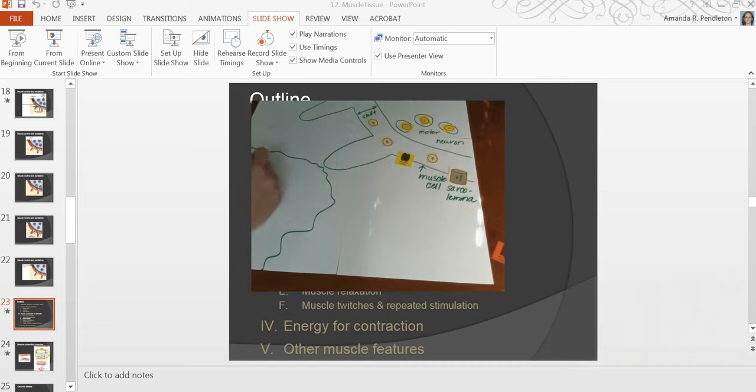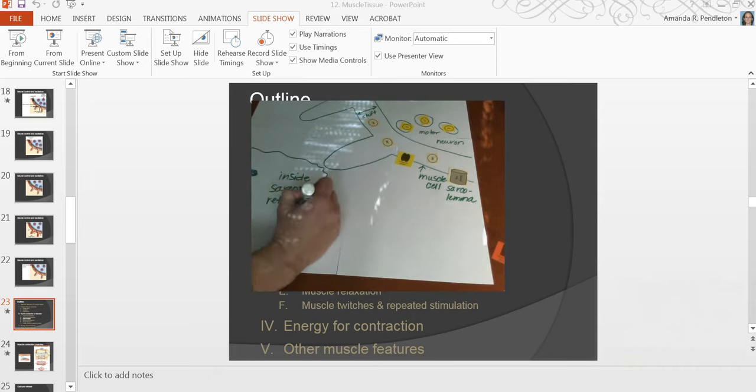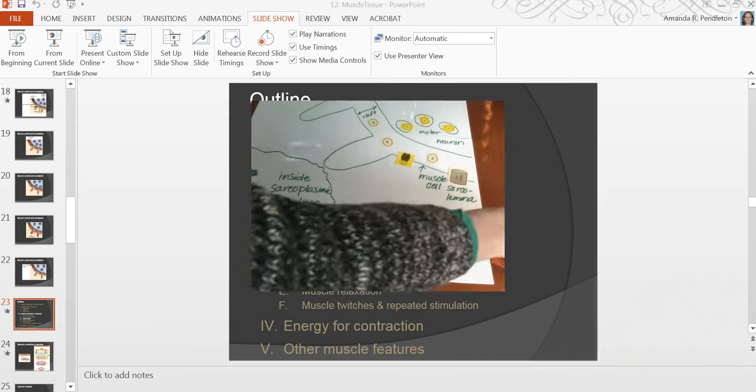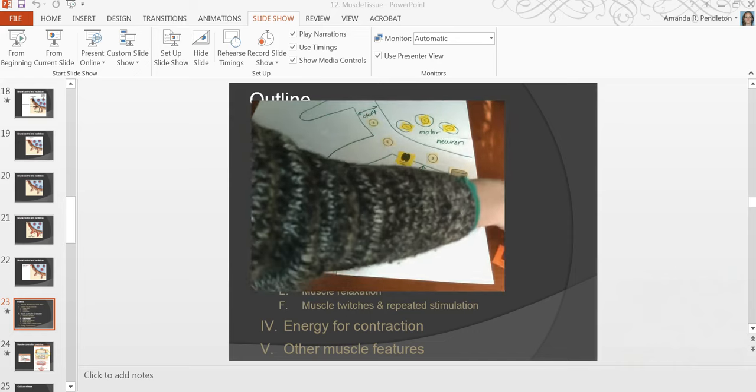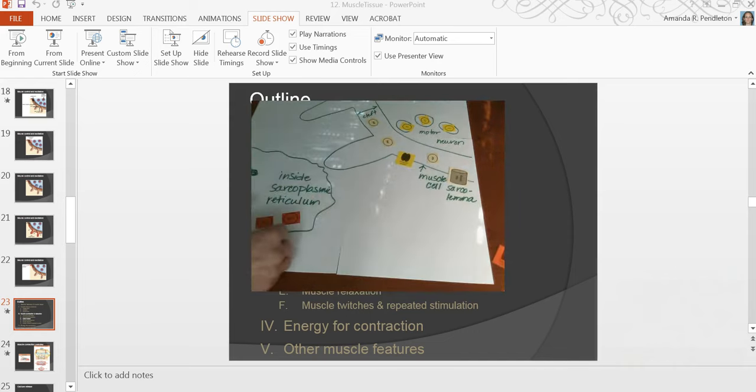So this here is inside the sarcoplasmic reticulum. And what we have that's very important inside of there is calcium. So calcium stores are there.